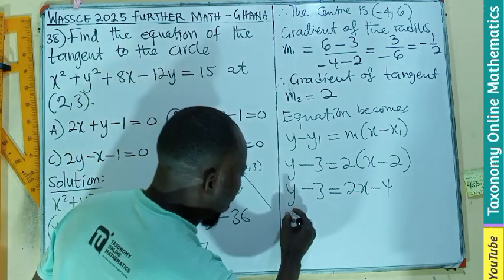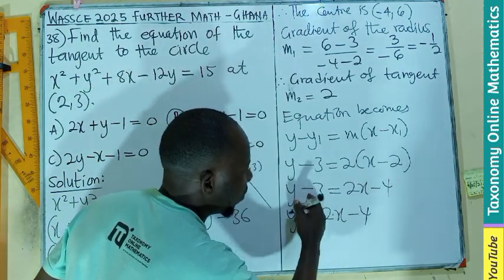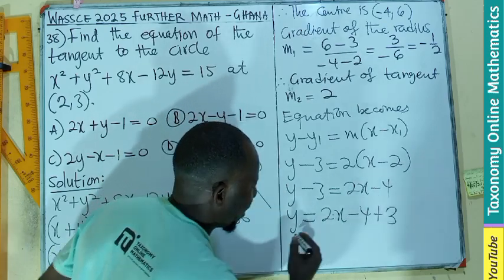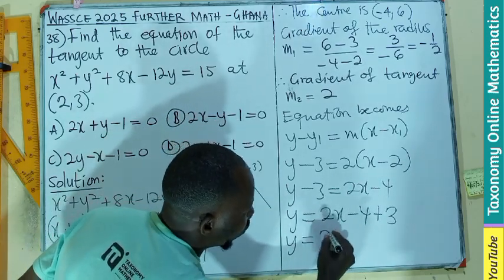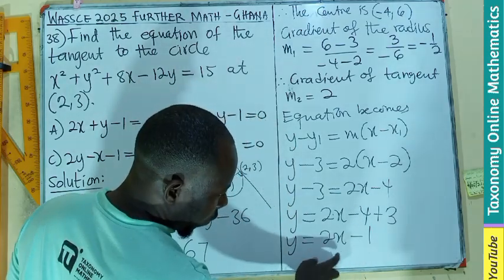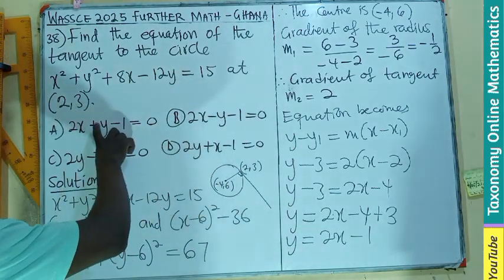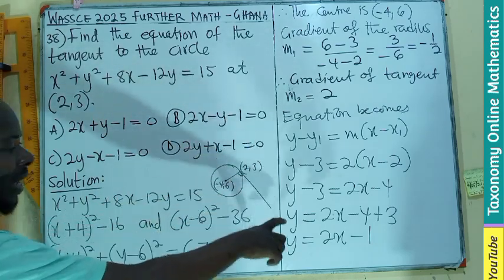Let's make y the subject. So 2x minus 4 plus 3 makes y equals 2x minus 1. Okay, none of the solutions are in this form.